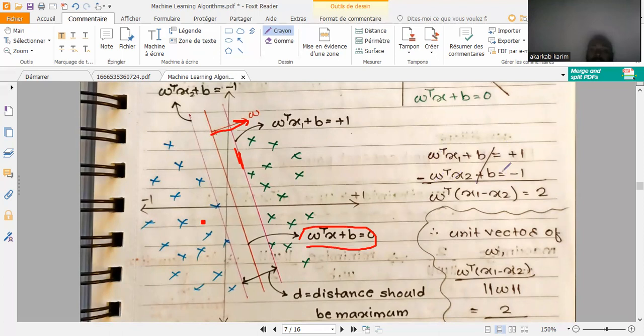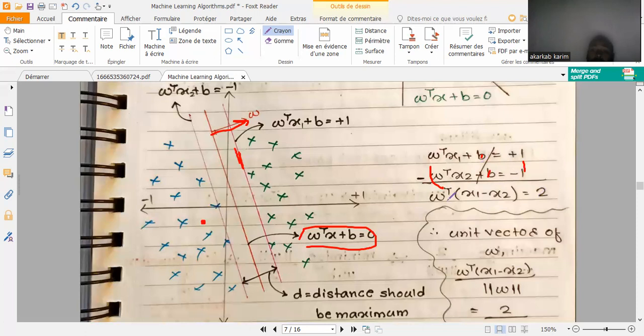This one minus this one, we get W transpose (x1 minus x2), because b minus b cancels out and should be 0. And on the right we have 1 minus minus 1, which is 2.